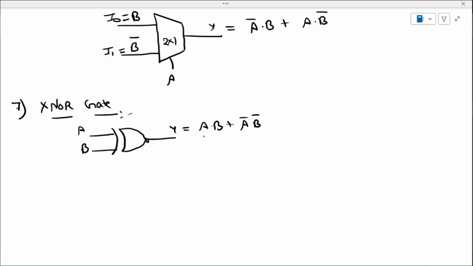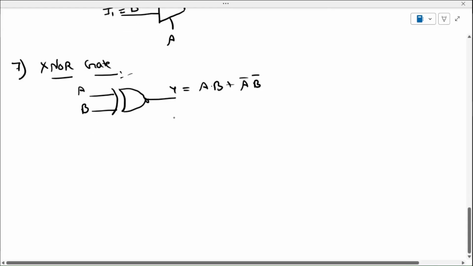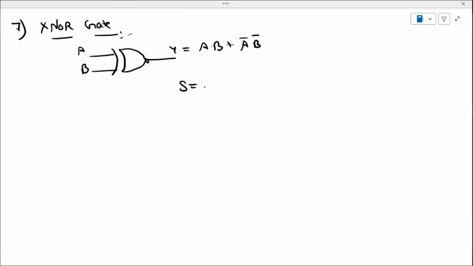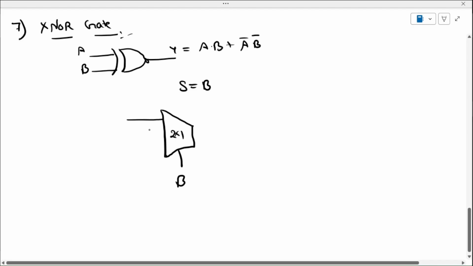Okay. So this equation we have to realize by using 2 cross 1 multiplexer. So first we will select the select line. Okay, so let's take B as my select line. So B will be my select line.